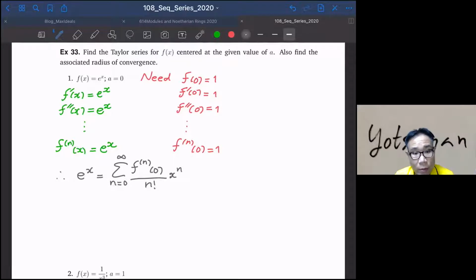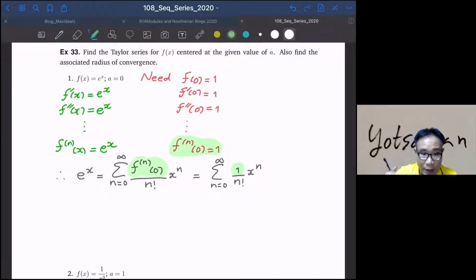Okay, so this is the formula for the Taylor series at a = 0. You're just going to plug in, so it's going to be the series n = 0 to infinity, and the nth derivative is equal to 1, so you get 1 over n factorial, and you have x^n. And this will be the Taylor series for e^x.